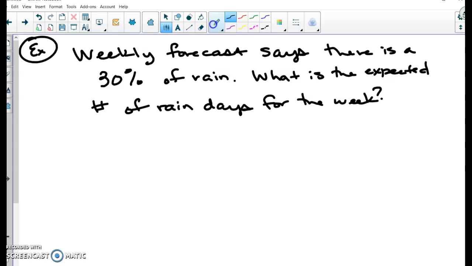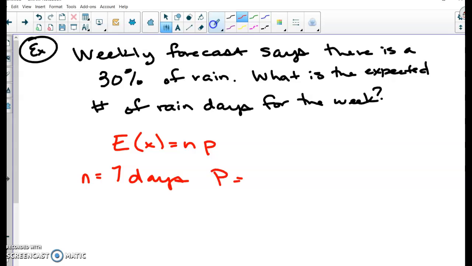Okay, so if I'm looking at this, I know that my formula is E(x) equals n times p. So n in my situation is the number of trials. We're talking about weekly, so it's 7 days. And my probability says 30%, 0.30.